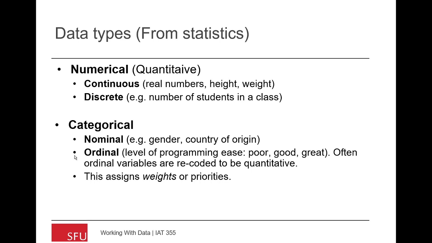And in the categorical category, so to speak, we have nominal, where we can just test for equality or inequality, and ordinal, where we can put values in order. We could say that one value is greater than another. So here we go. Level of programming is poor, is less than good, and good is less than great.